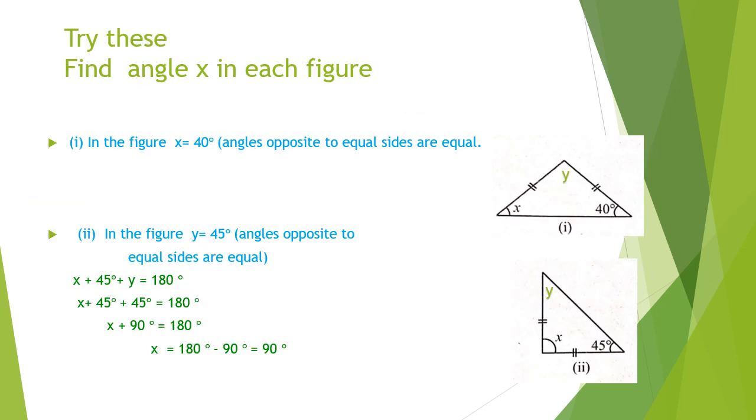Now let us try these questions given in the textbook. Question number 1: find the angle X in each figure. We have the figure, and in the figure we have X and 40 degrees. Here the mark is given. This marking shows these two sides are of equal length.